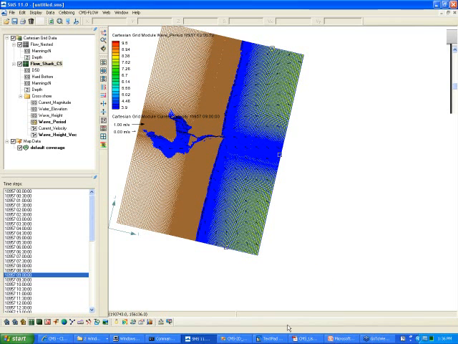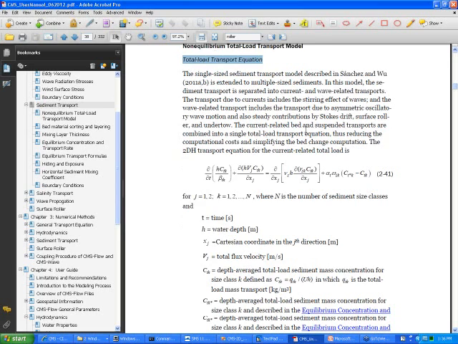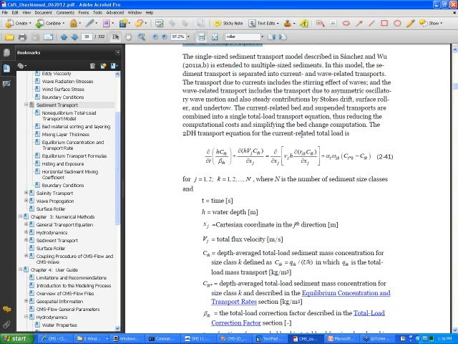Okay, and that's the model that's described in the user manual here: the non-equilibrium total load transport model. This model is a multiple size sediment transport model, but you can run it as a single size sediment transport model also. So there are kind of two modes of the model.